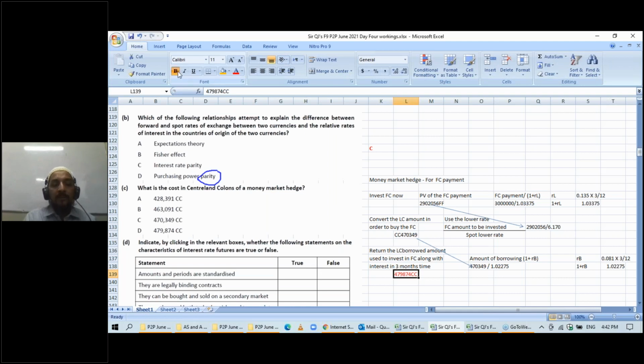Now what happens to the invested amount? The investment amount of 2,902,056. After 3 months time, interest will be included in it, and the amount will become 3 million. And at that time, you will have to make the foreign currency payment.